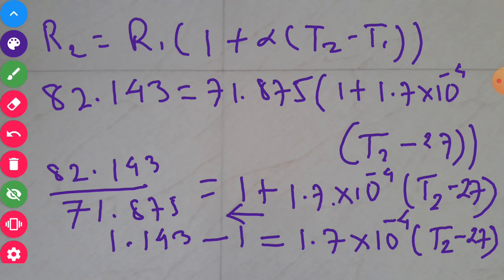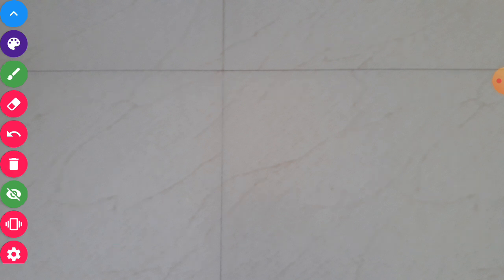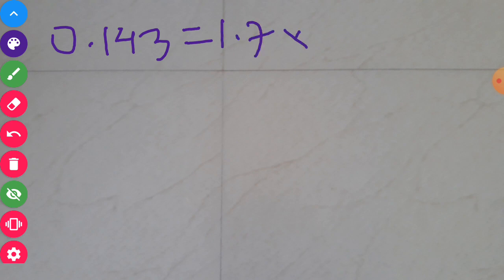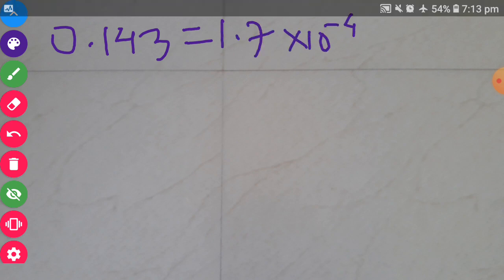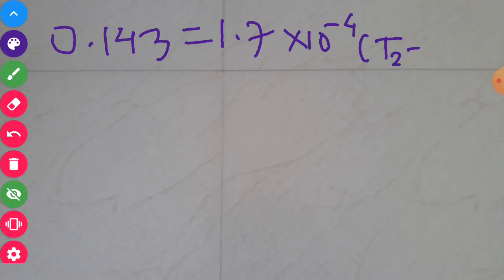So now you will get 0.143 is equal to the temperature coefficient 1.7 into 10 raised to minus 4 into T2 minus 27.